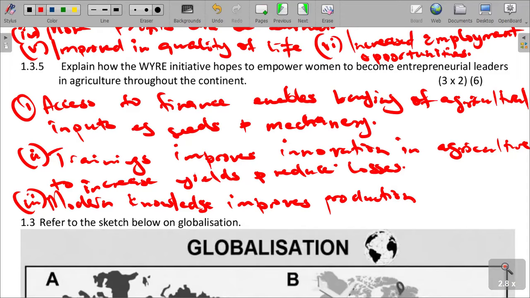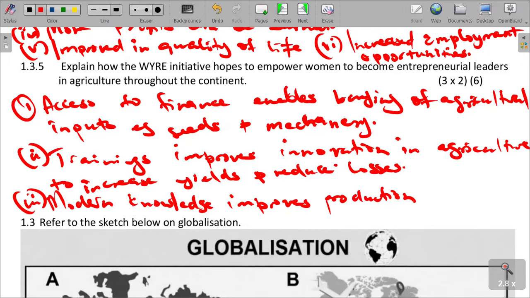We can also talk about trainings in financial management, which help women understand business operations and ensure that efficient use of resources is achieved. So financial management empowers them to do better.